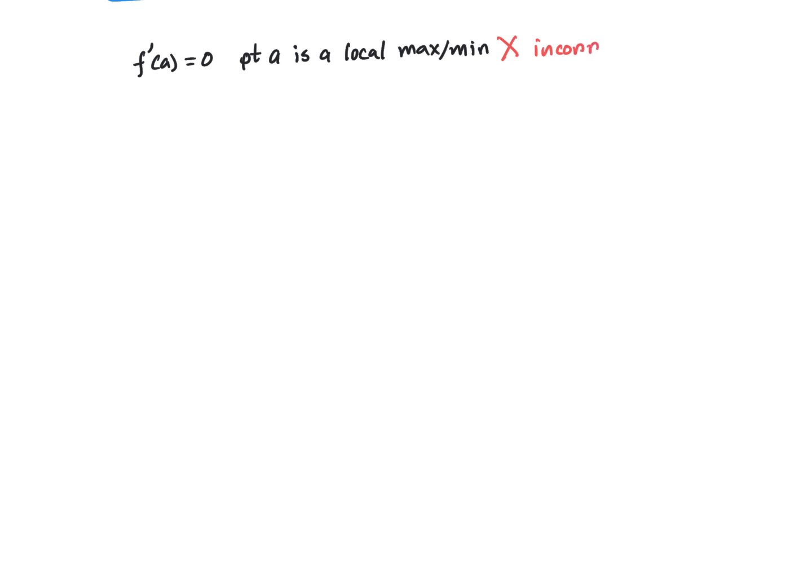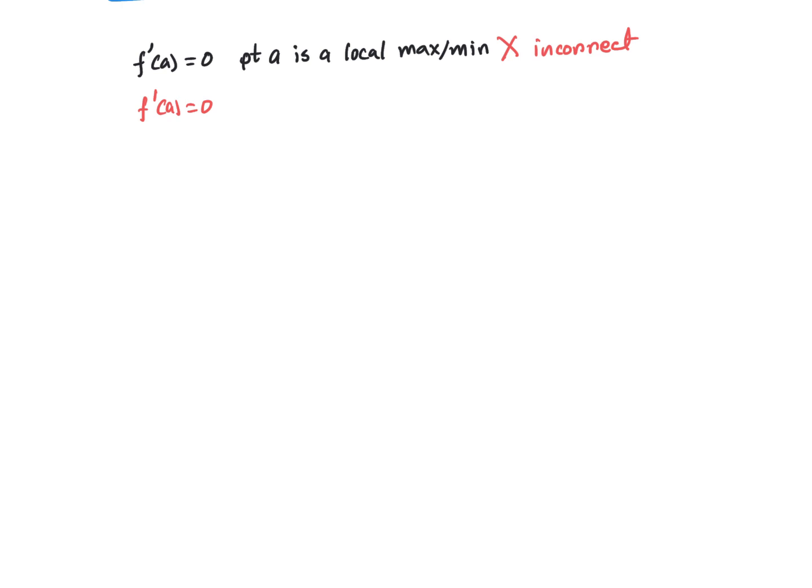It doesn't go the other way around. That means if it is a local maximum or minimum and the derivative exists, that's when f prime of A is going to be equal to 0. However, you cannot switch the argument and say, oh yeah, I have a function, I have gotten a derivative to be 0 at some point. That doesn't mean that it will be a local maximum or minimum.